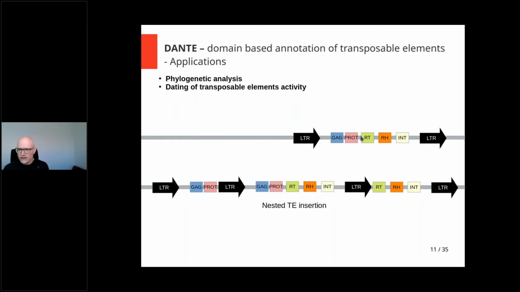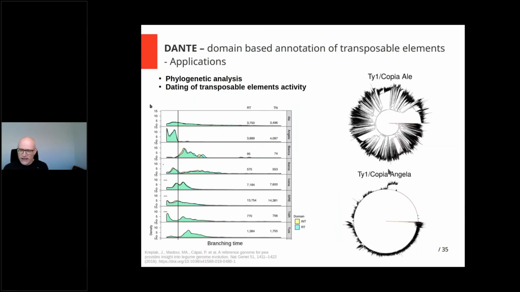You can use some conserved domain, most often the RT domain or integrase domain, and these can be used to create a phylogenetic tree. And based on the analysis of the branch lengths of these trees, you can estimate some branching time.